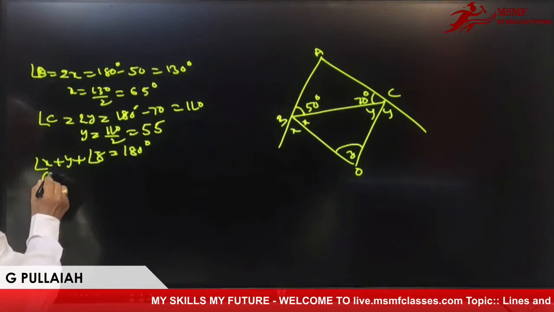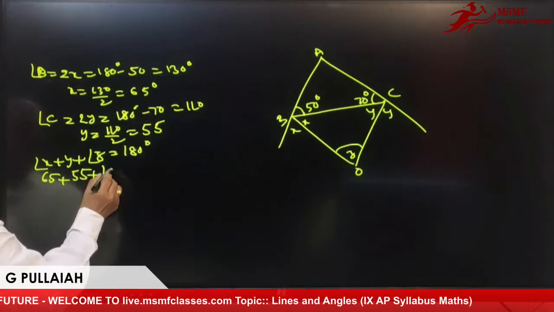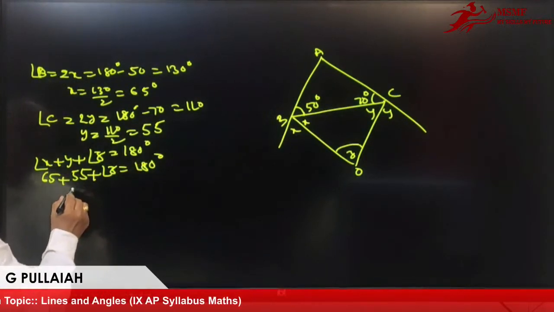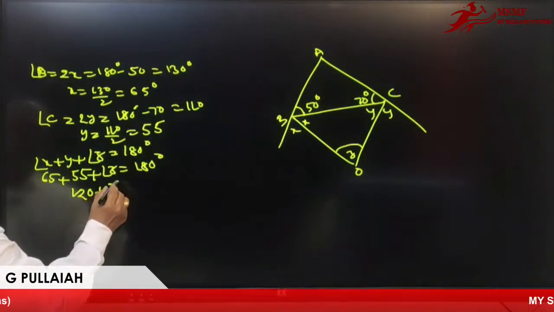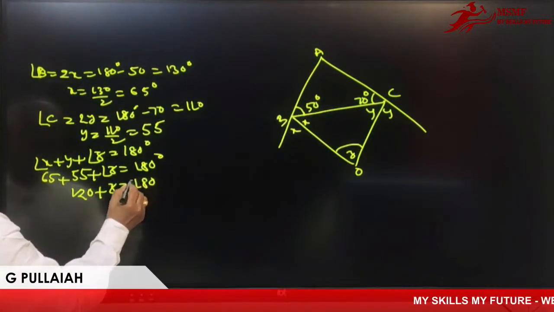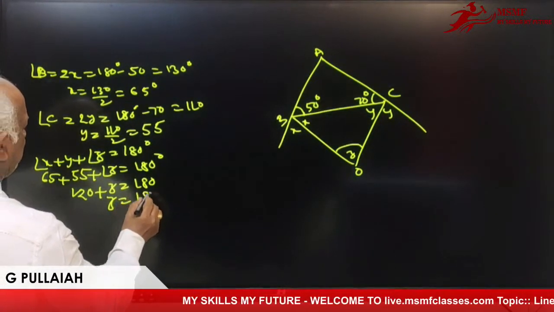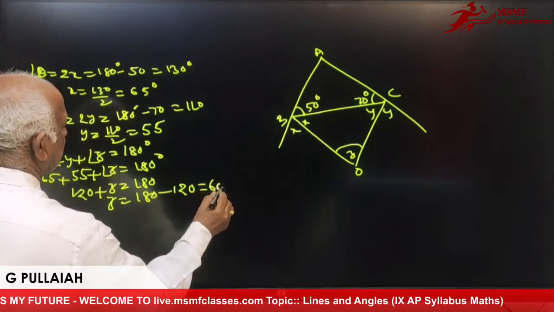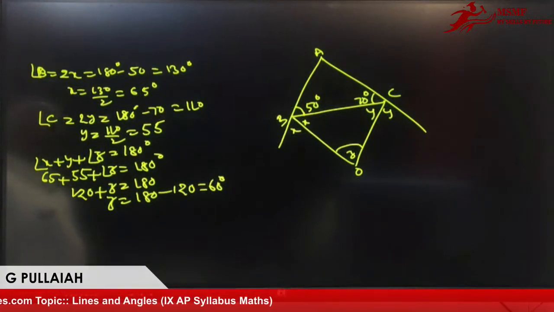So x is 65 plus y is 55 plus angle z is equal to 180. So 120 plus z is equal to 180. That is equal to 60 degrees.